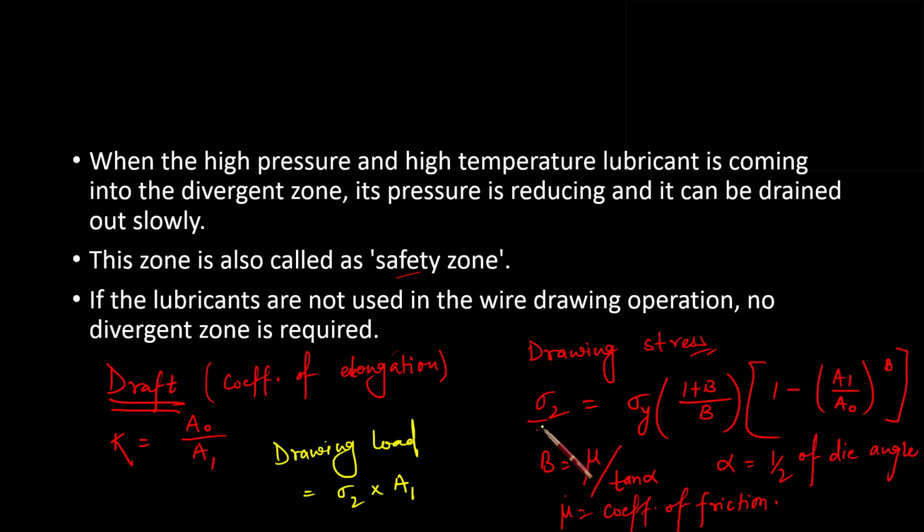Friction is increasing, so the drawing stress is decreasing. It's a little bit confusing, isn't it? If friction is increasing, then the drawing load should increase. How is it possible? Some issue?